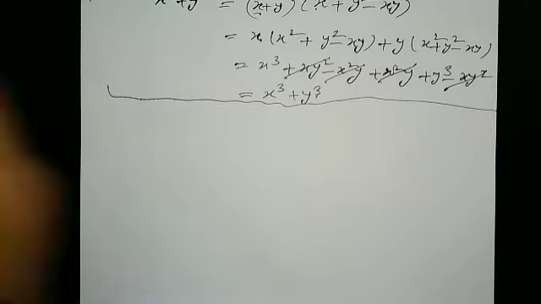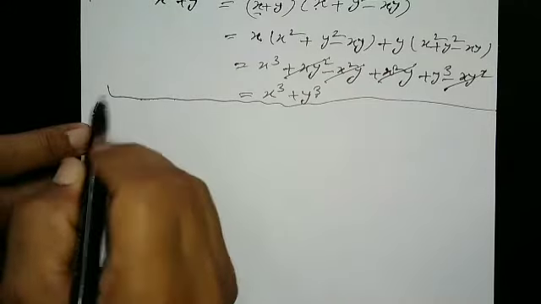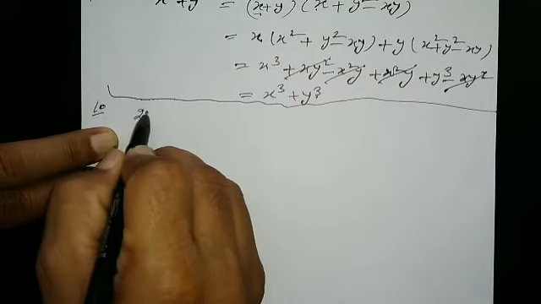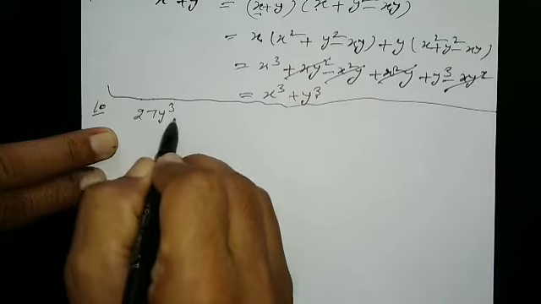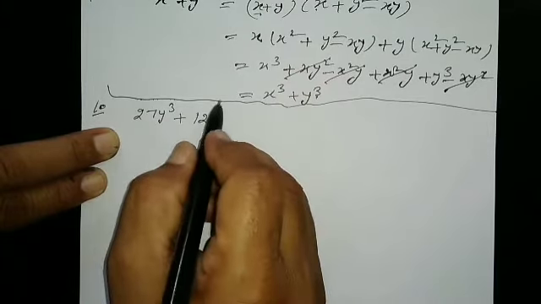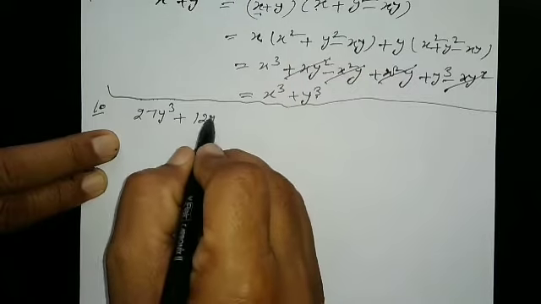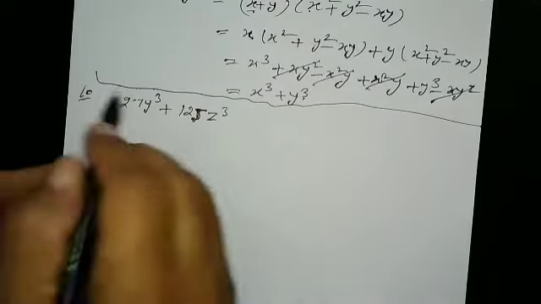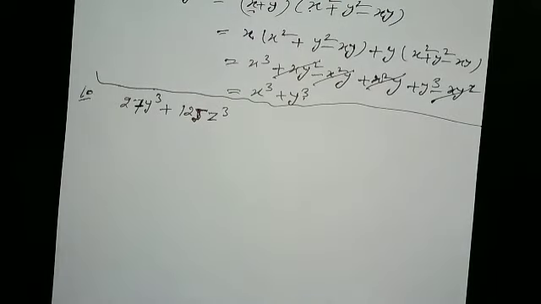And question 10, factorize the following: 27y³ + 125z³. So which identity is used here?